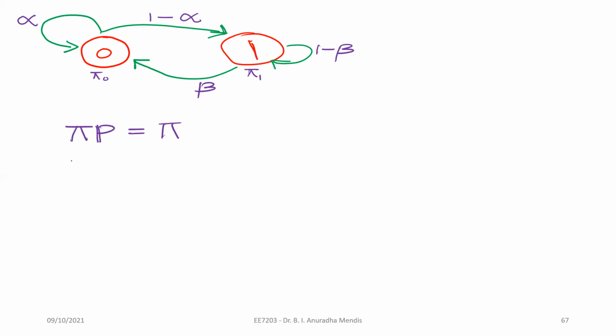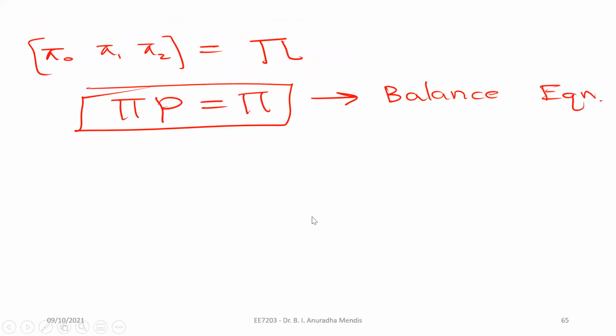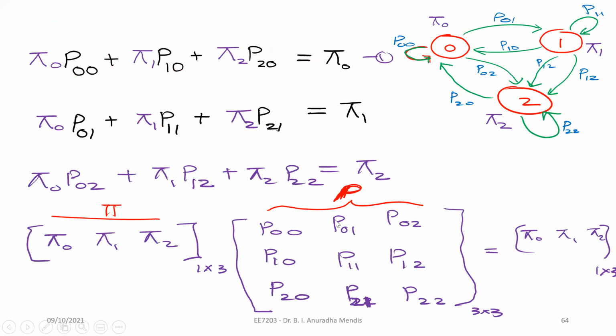Phi means phi naught, phi 1, okay? And P, what is this P? Previously you can clearly see what P is. This P is actually the transition probability matrix, no?